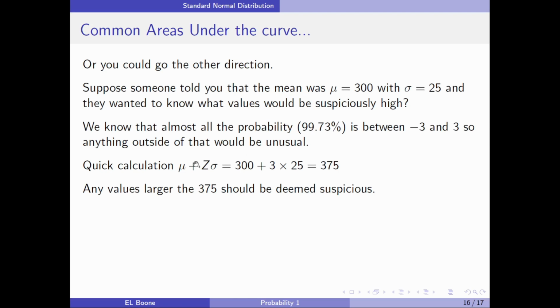So we just flip it back over into the units that they have. Well, we'd say, okay, mu plus z sigma. Mu is 300. We pick 3 because we know anything outside of that's going to be odd, times the standard deviation equals 375. And so any values larger than 375 we would deem suspiciously large.